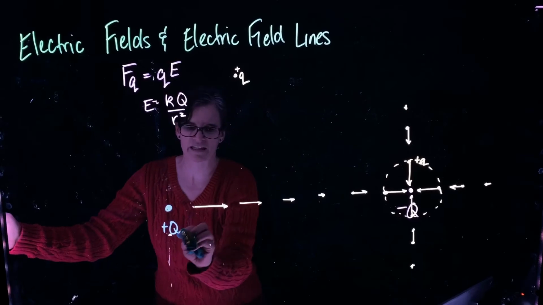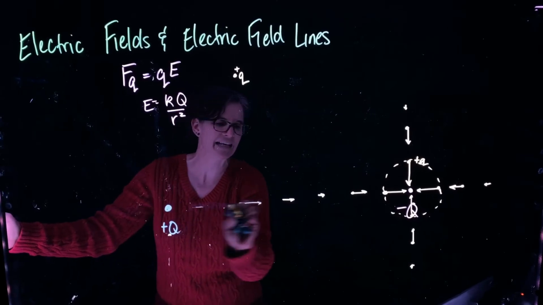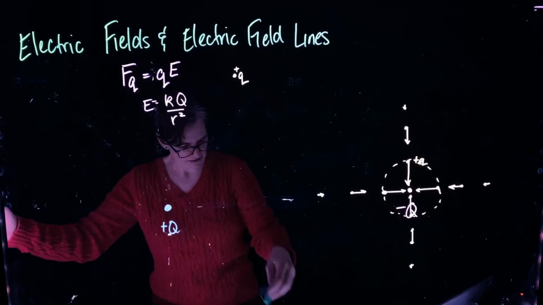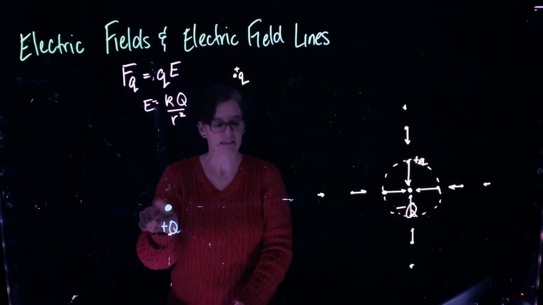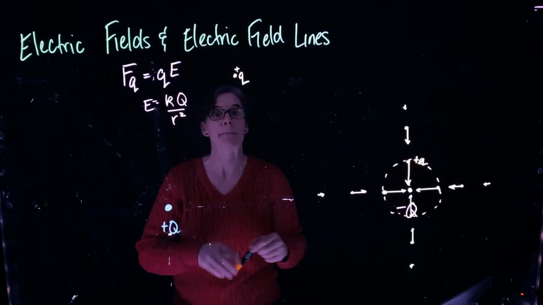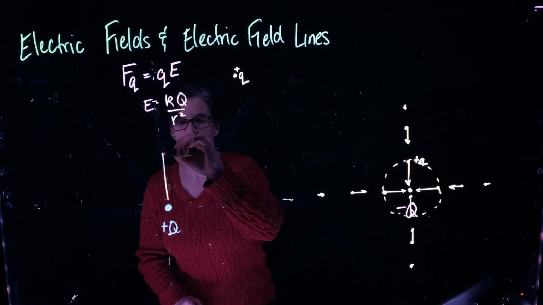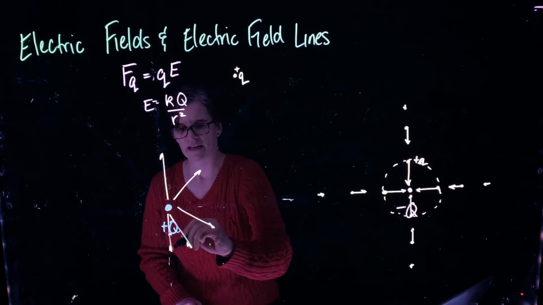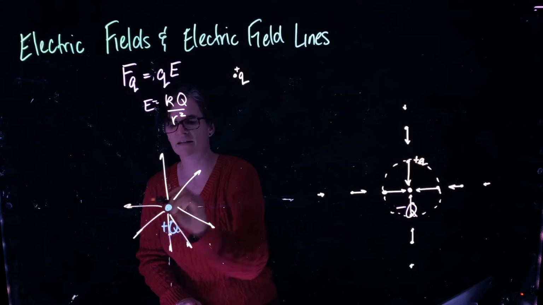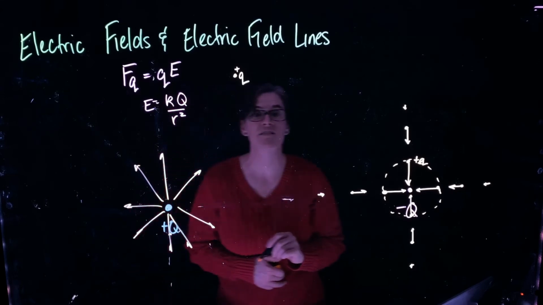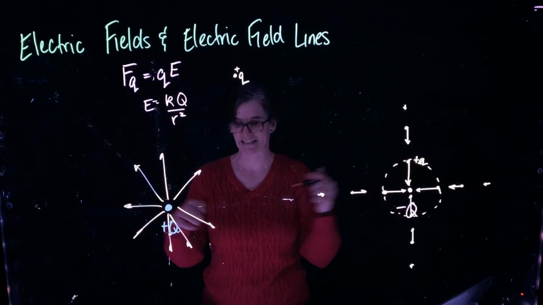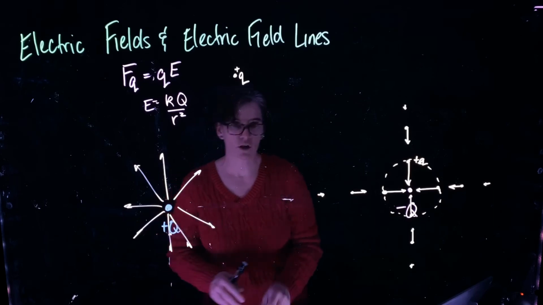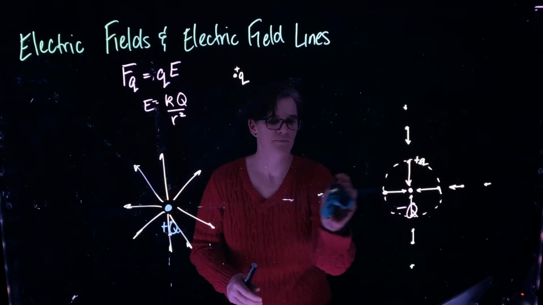Oftentimes, we will see these represented as simply radiating lines, such that the electric field caused by a positive point charge radiates outward. And we keep in mind that the strength of that field gets less and less and less the further we go from our point charge.